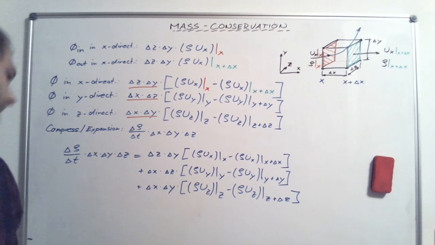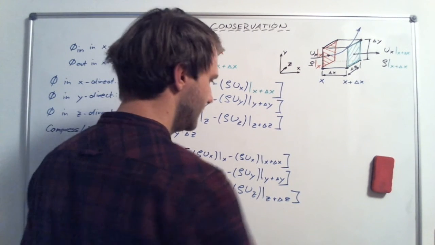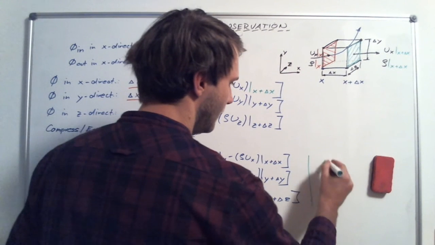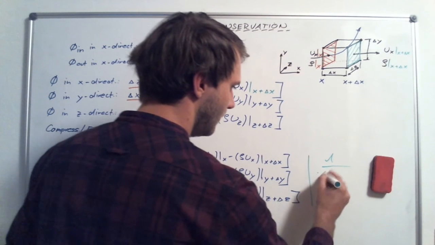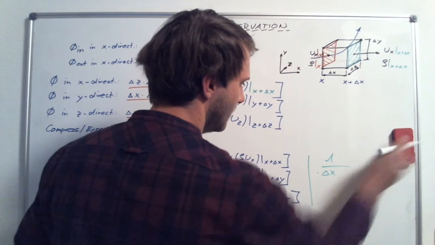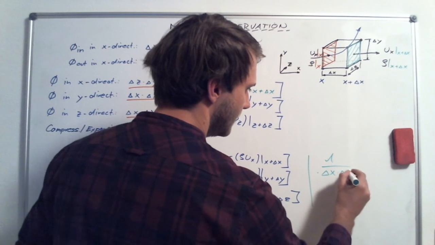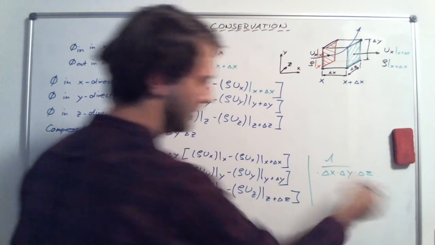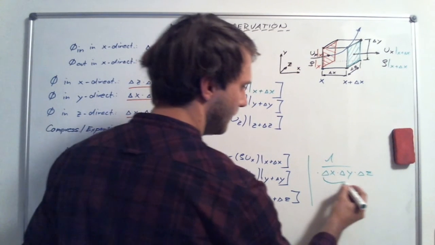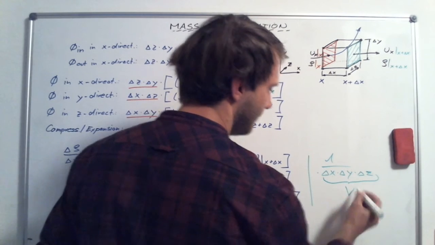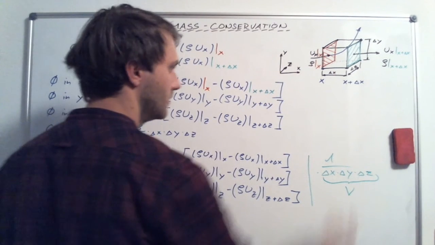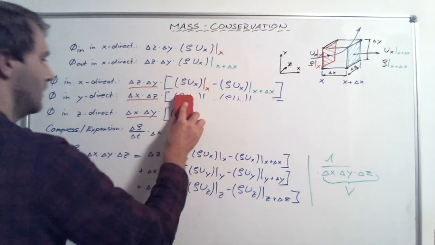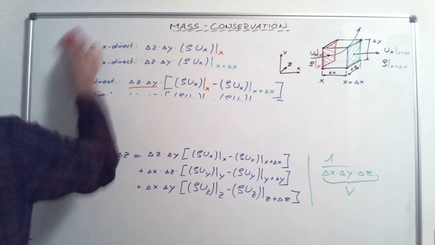So, what we are doing now, we multiply the whole equation by 1 over delta x, delta y, and delta z. This is finally the volume of our control volume element, and we do not need this anymore.